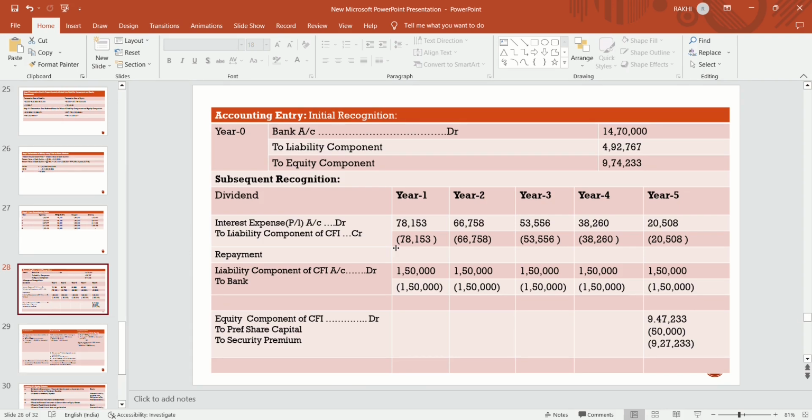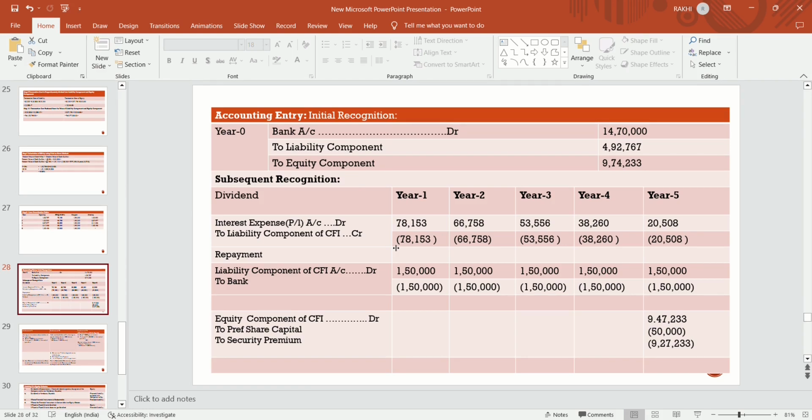Now the accounting entry is to be done at the initial recognition. At year 0, the entry will be bank account debit by rupees 1470. That is, 15 lakhs is the total issue price, from which 30,000 is to be reduced. That is the transaction cost.